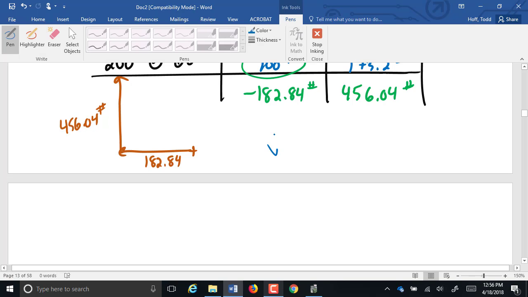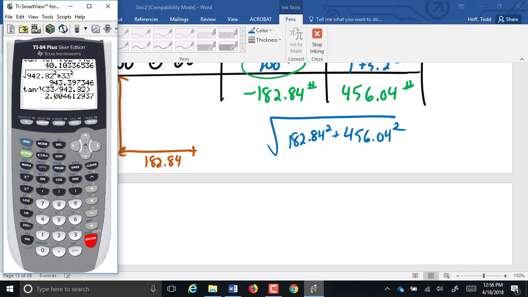So the resultant magnitude is the square root of 182.84 squared plus 456.04 squared, giving us 491.33.